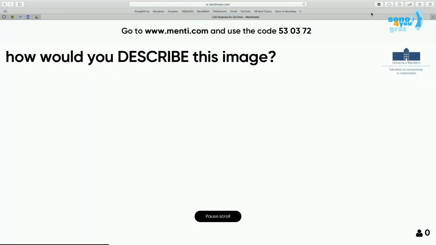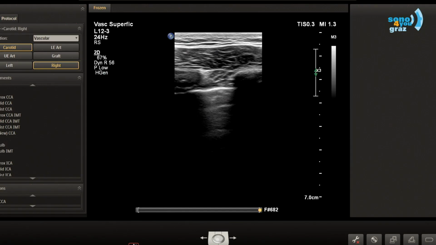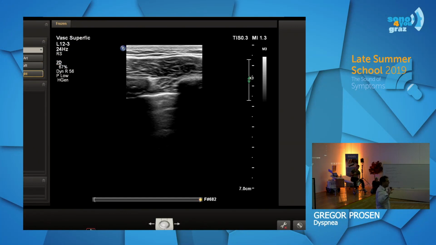Can you describe what you are seeing? Describe it in terms of black, white line, black rib shadow. There are no wrong answers. Describe in 20 words what you see.